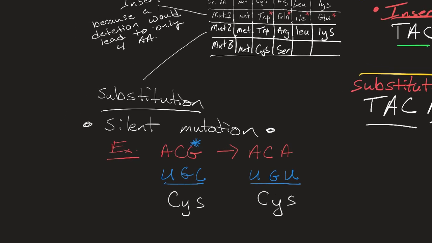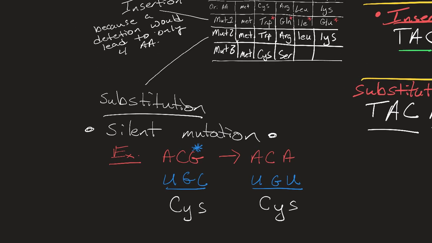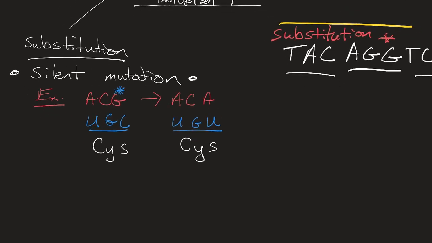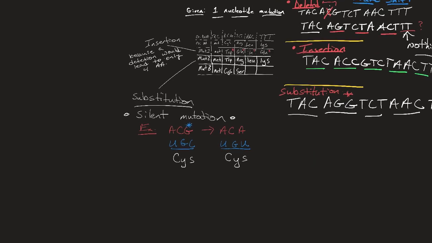Because as we just said, if we would have done a substitution and substituted that A to a T, then we would have gotten a mutation that would have made the protein shorter. Does that make sense? So that could have been a substitution, but it could also be a deletion. Does that make sense?